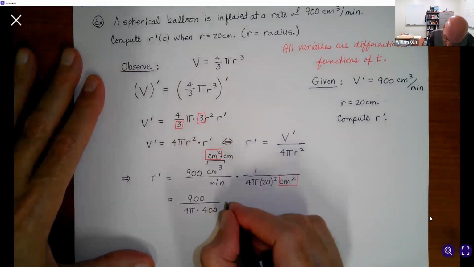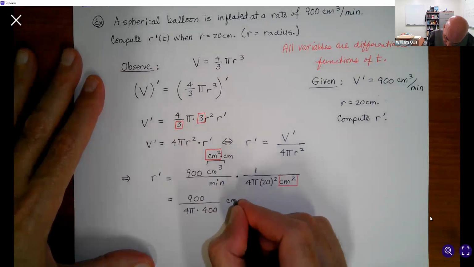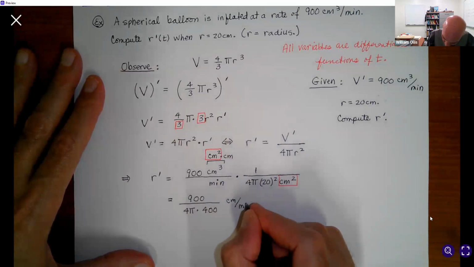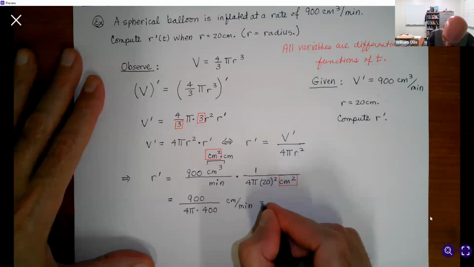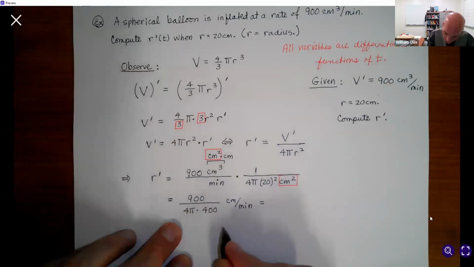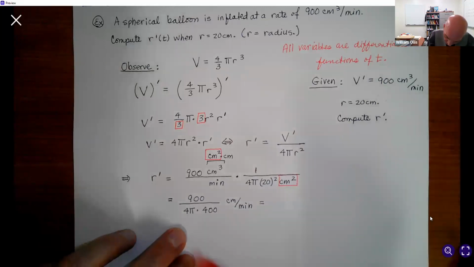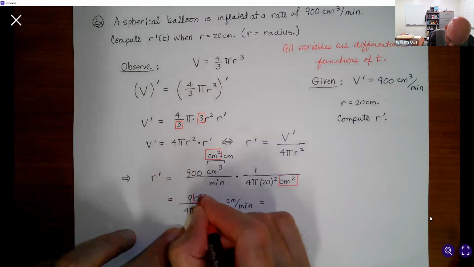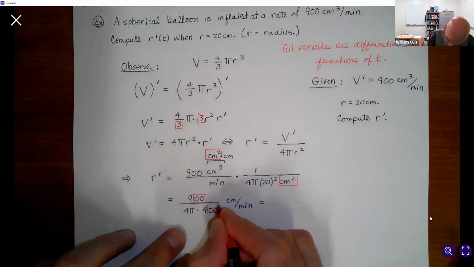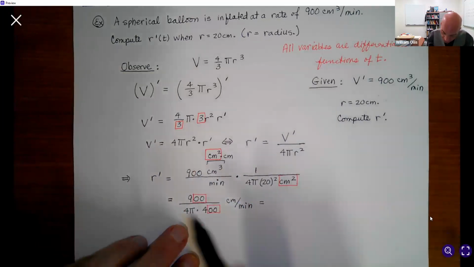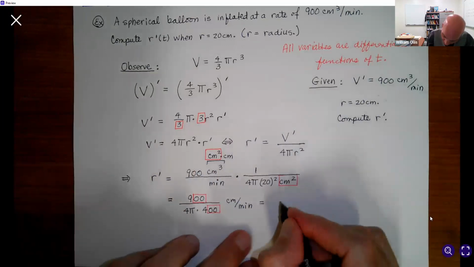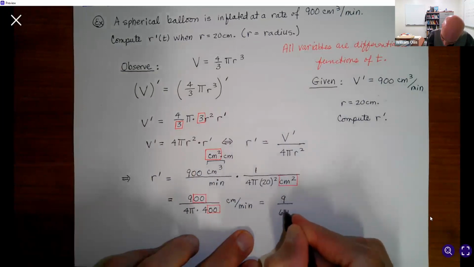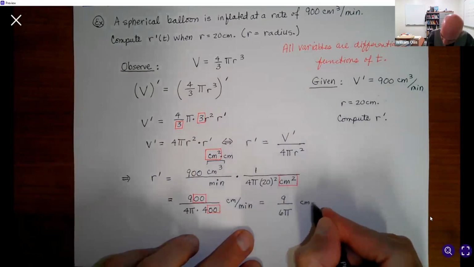And so we have centimeters per minute. And now, of course, the 100s absorb. We can get rid of this. And then we're left with 9 divided by 16 pi centimeters per minute.